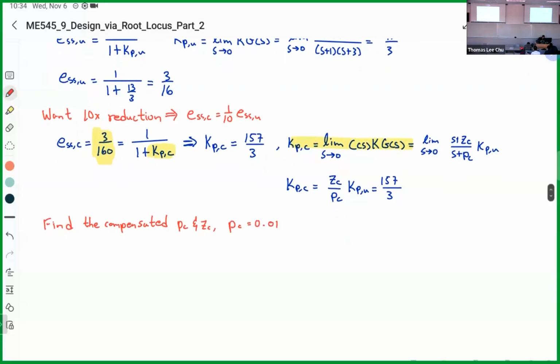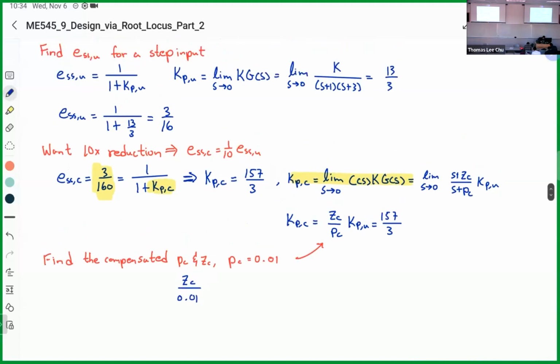From there, we plug it into this equation and get ZC over PC, which is 0.01 multiplied by KPU, which is 13 over 3, equal to 157 over 3.